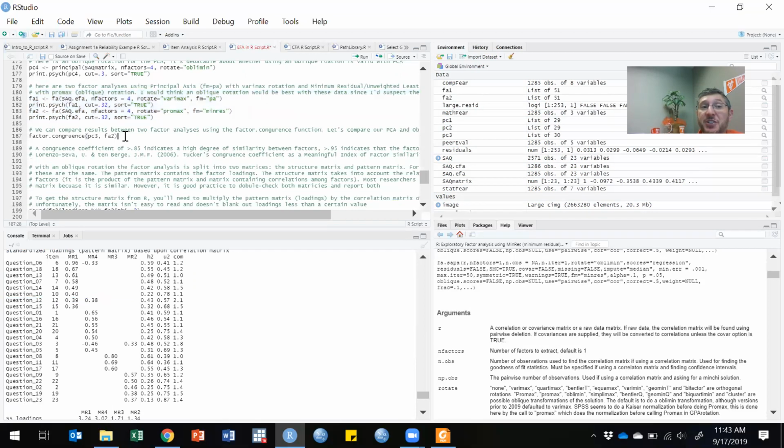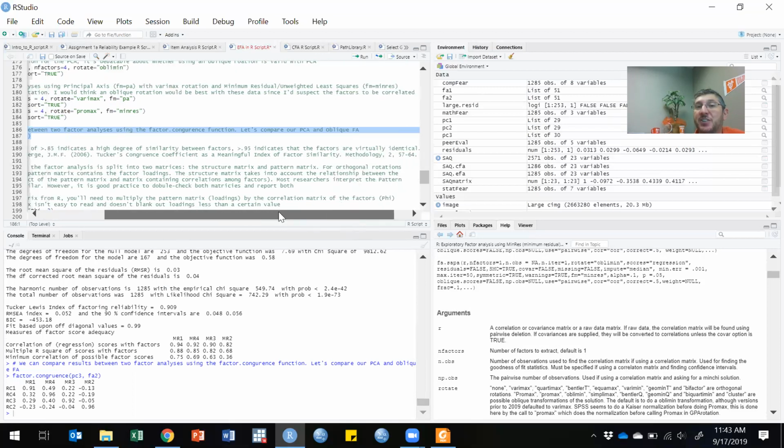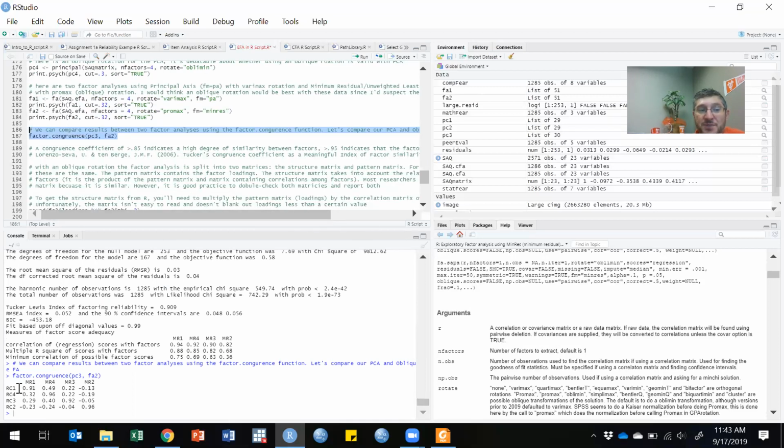You can use the factor compare command to compare results between factor analyses. Here's a citation for using this. Basically a congruence coefficient of greater than 0.85 indicates a high degree of similarity between the factors, and greater than 0.95 indicates that the factors are virtually identical.